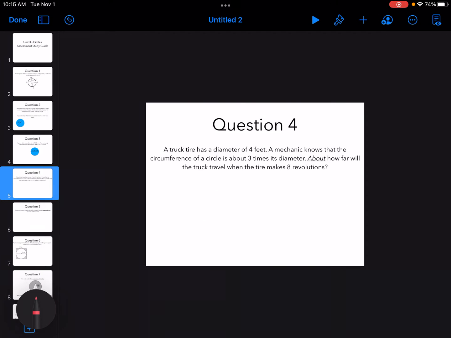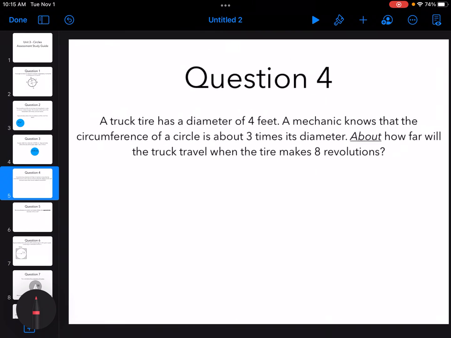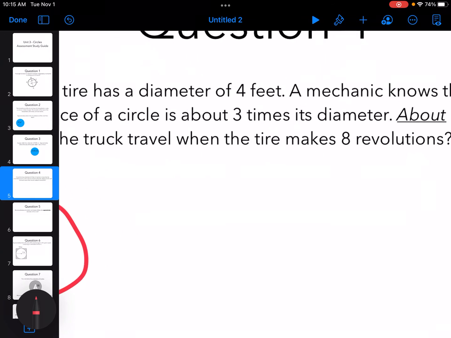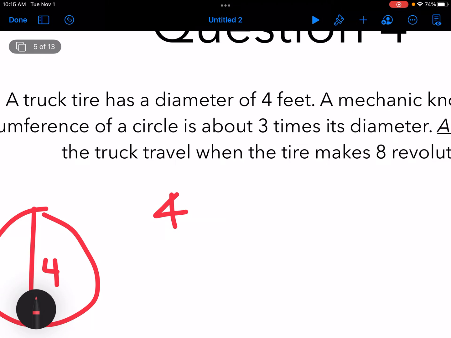A truck tire has a diameter of 4 feet. So I'm going to draw that. A mechanic knows the circumference is about 3 times its diameter. About how far will the truck travel when the tire makes 8 revolutions? Well, I know that they're saying 4 times 3, so that's 1 revolution.